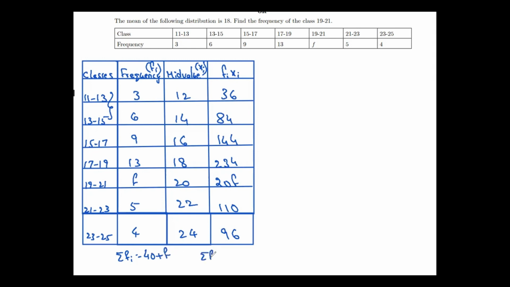Whereas sigma fi xi, if you add all these, how much do we get? Check, calculate. This together is 704 plus 20f. So now we are using the direct method, right? Using the direct method, we have to mention very clearly which method we are using.